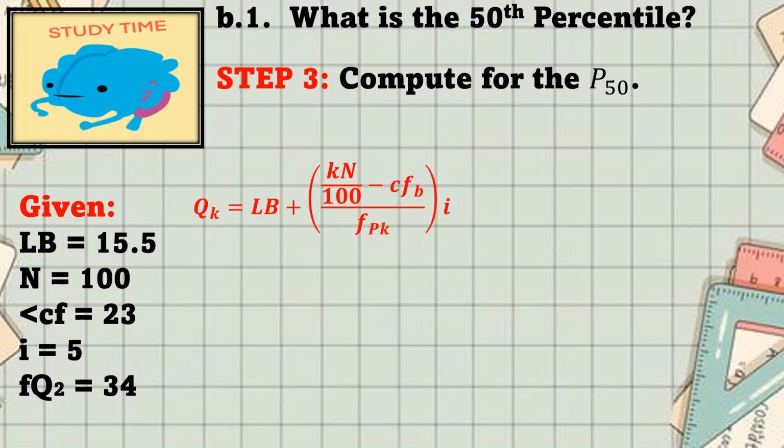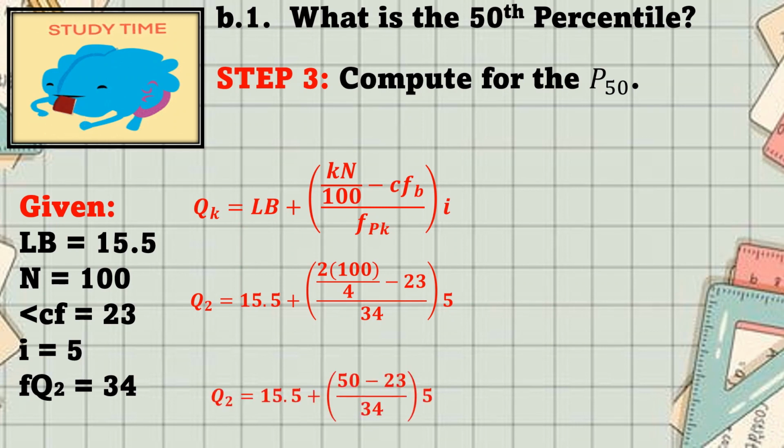We can now substitute the given to our formula. So we have Q sub 2 is equal to 15.5 plus 2 times 100 divided by 4 minus 23 all over 34 times 5. Next, we have 15.5 plus the answer to this part, which is 50 minus 23 divided by 34 times 5.